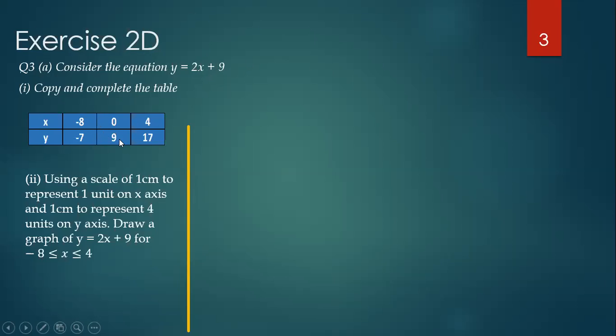So using a scale of 1 centimeter to represent 1 unit on the x-axis and 1 centimeter to represent 4 units on the y-axis, draw a graph of y equals 2x plus 9. Remember, the value of x should range between minus 8 and 4.